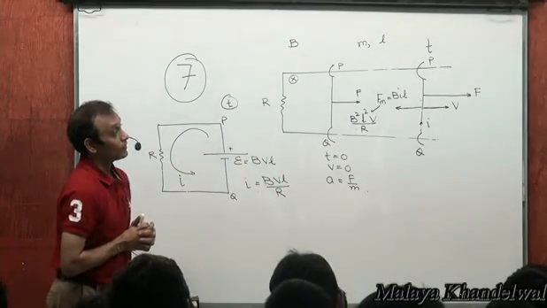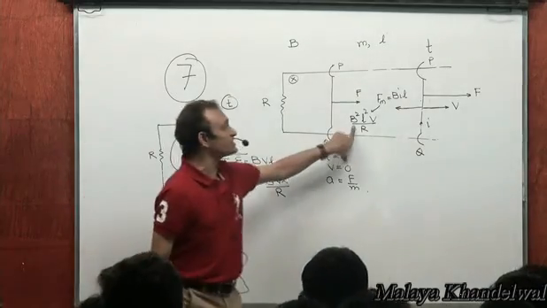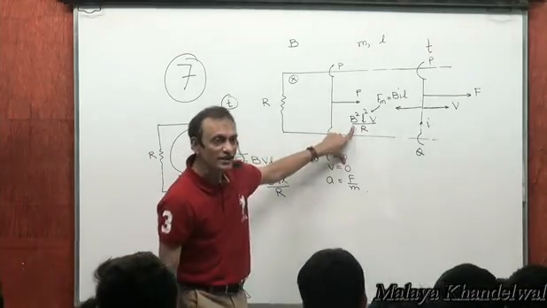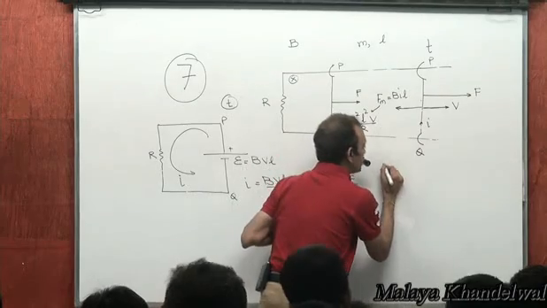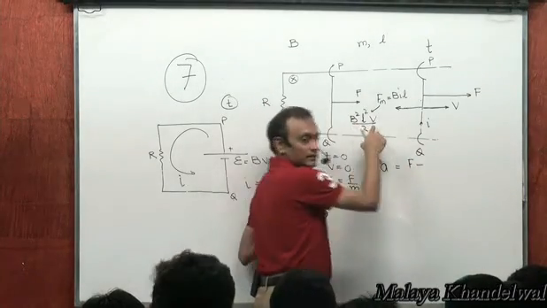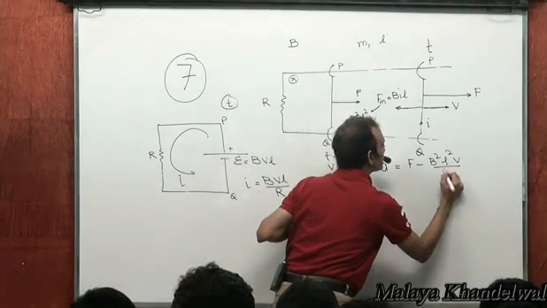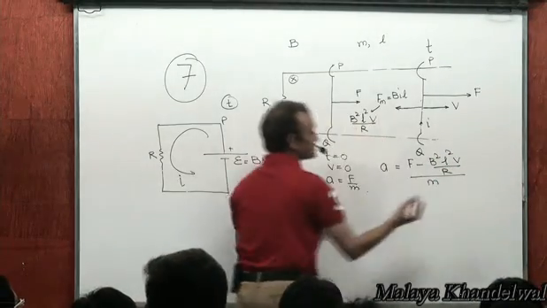Now the acceleration therefore must have decreased because of this retarding force. What's the acceleration of the connector in this state? F minus B squared L squared V by R, divided by M, is the acceleration.